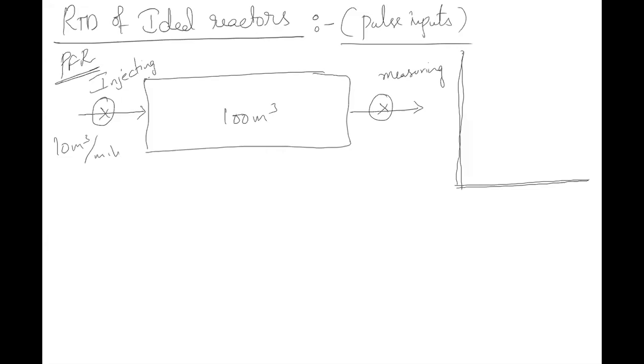Somebody says concentration is uniform in a PFR, so a vertical straight line. Somebody says a straight line with slope. Somebody says a vertical line followed by a horizontal line. Once again, I got another straight line perpendicular to the x-axis, a vertical straight line, a horizontal straight line.